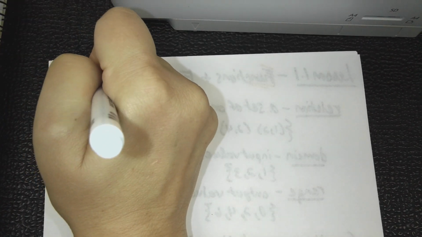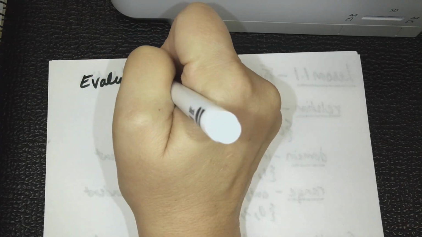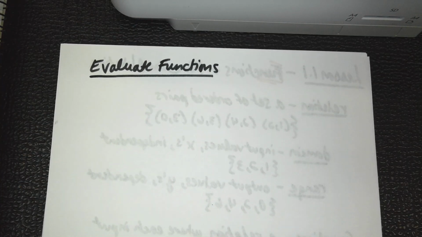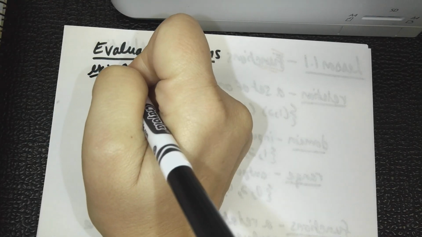All right, well, let's go to a little bit more. Let's do a couple more things and we'll be good to go. Let's evaluate functions. This is the next thing you'll do on that night's homework, evaluate functions. They're going to give you a function.